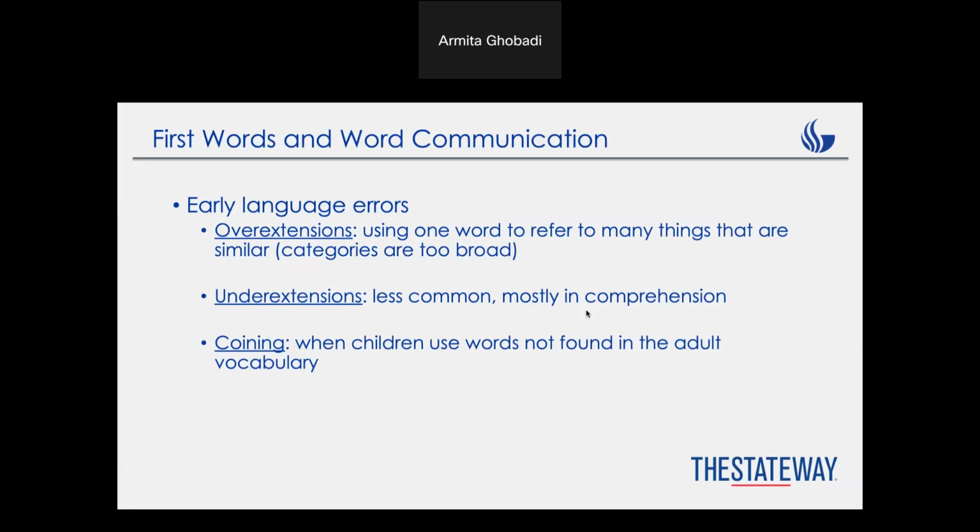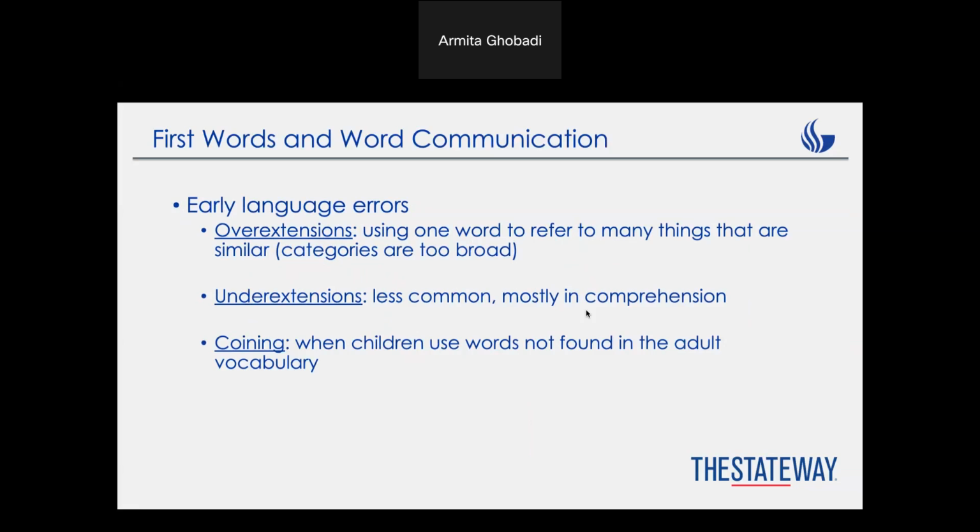They would call every dog in the environment Davy, if that makes sense. So they have a category for the family dog whose name is Davy, and they call every other dog Davy. Or, for example, they know about the category of bird, but they only consider chicken as a bird.